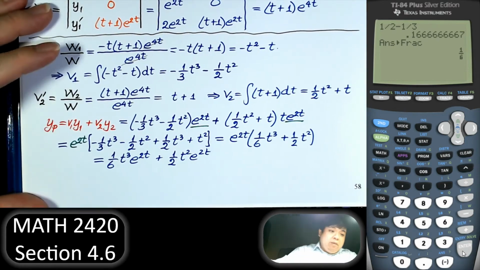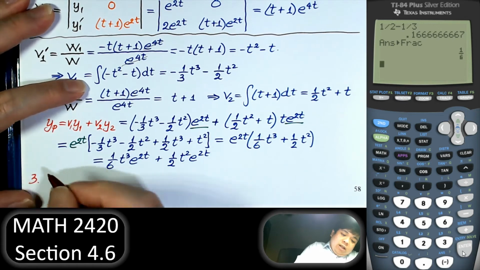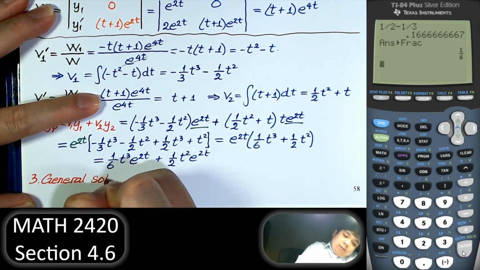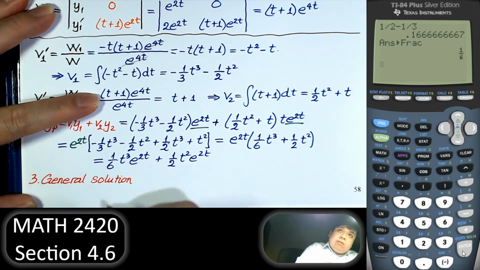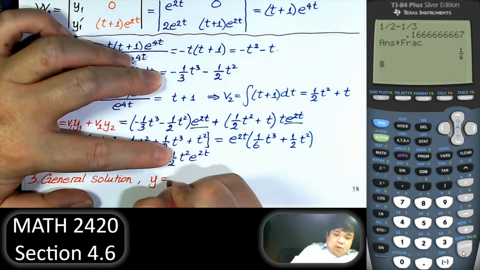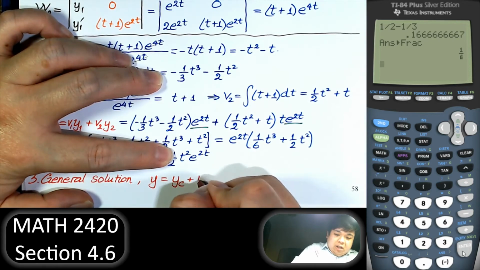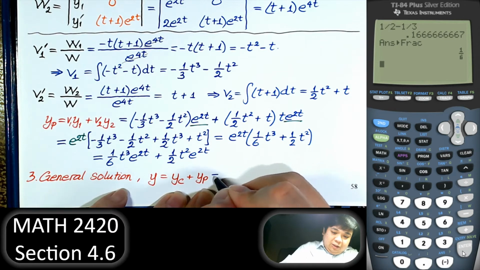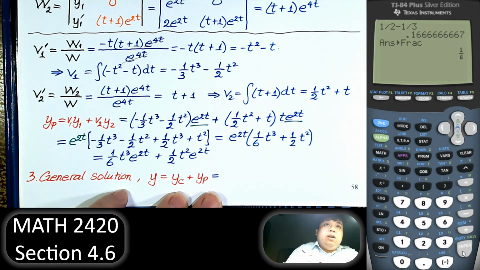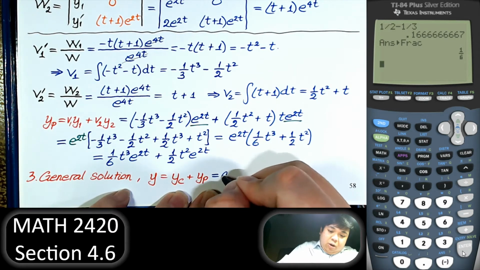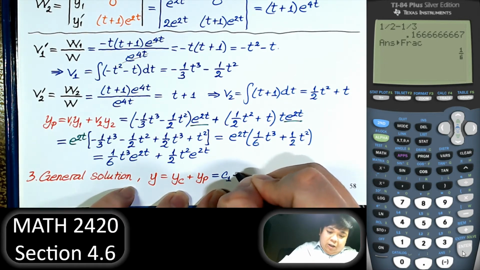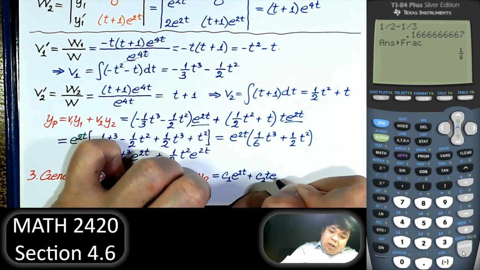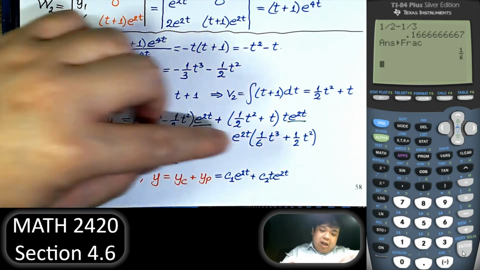Bottom line is, when we have these two, we can write the solution. This is the general solution. y equals complementary solution plus particular solution: c1 y1 plus c2 y2, plus that.